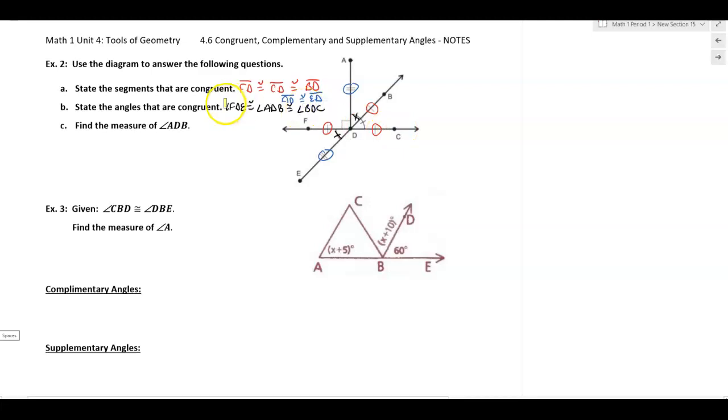Angle FDE, which is this angle here, is congruent to angle ADB, which is this angle here, which is congruent to angle BDC, which is this angle here. Now find the measure of angle ADB. If these two angles make a box, that means they're 90 degrees. And if this angle is congruent to this angle, I would say 90 divided by 2 gives me 45 degrees.